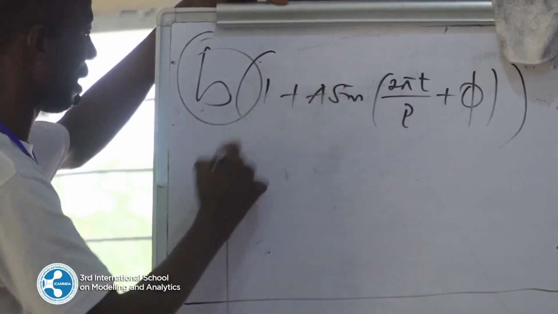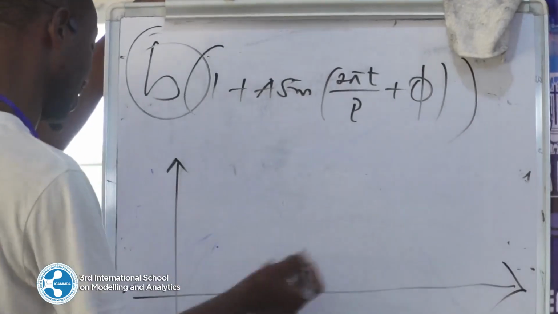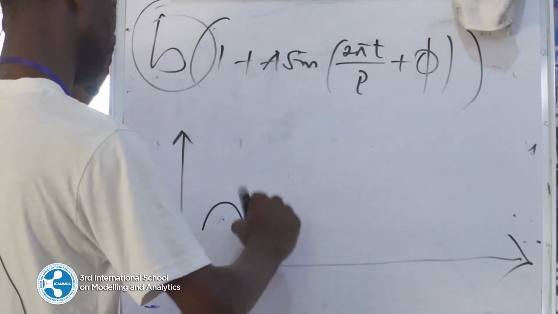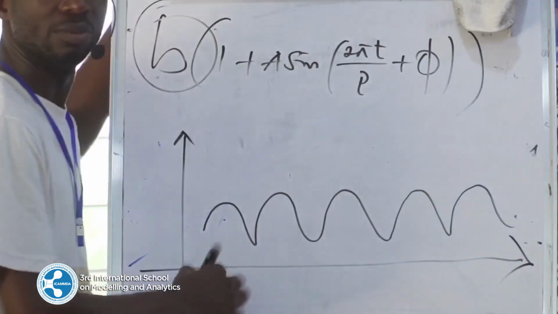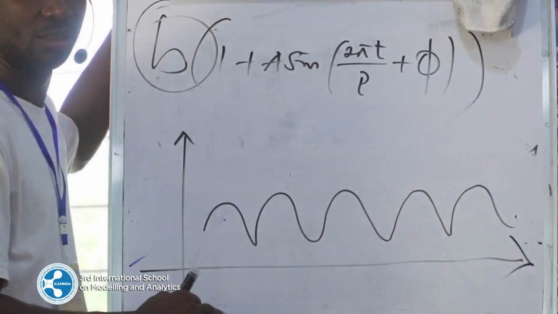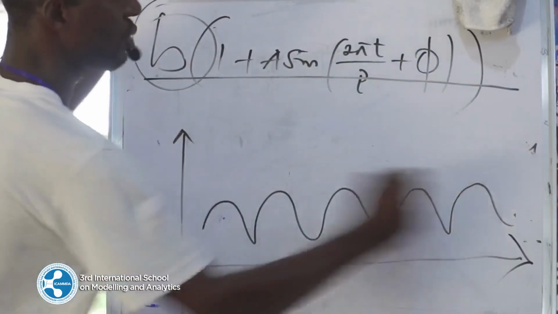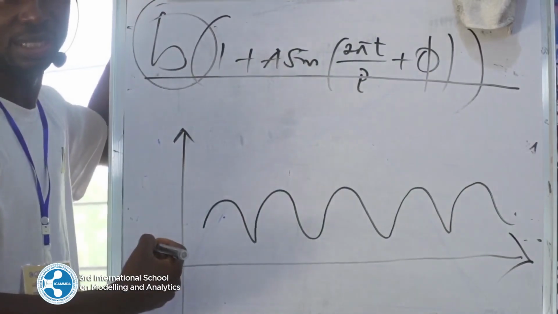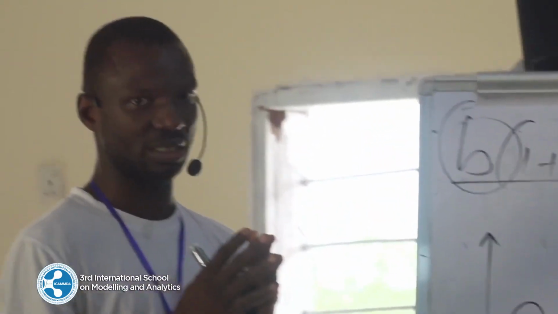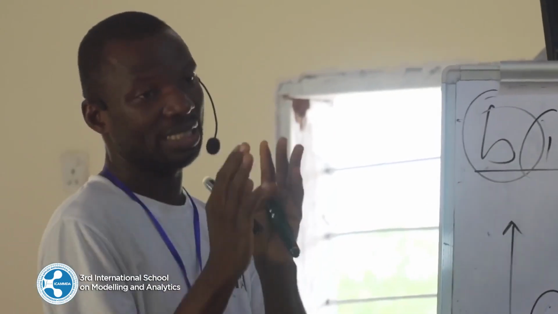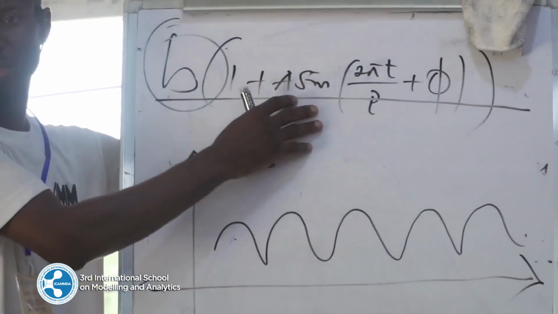If you plot this, you are going to have something that looks like this, and it continues like that. So now you are saying that your biting rate follows this sinusoidal pattern. But in the actual sense, that is not the case. Because you want to capture that seasonality, you make it go this way. It's just an assumption.